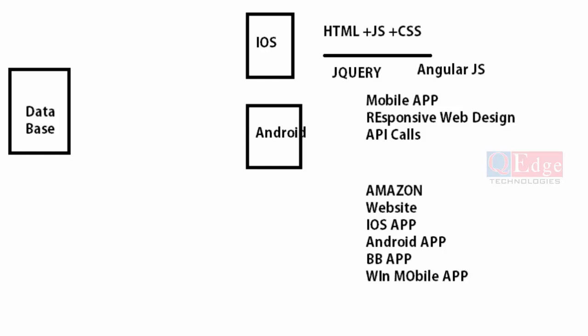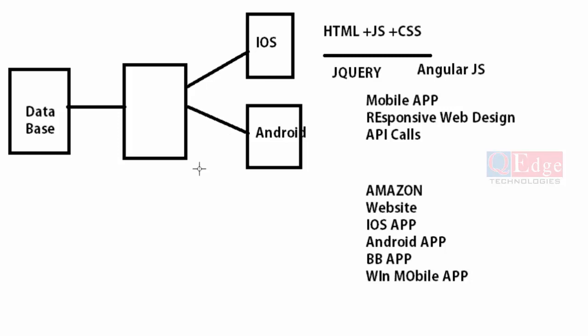So what Amazon or any real-time e-commerce website will do is create a common program which knows all these languages. Is it clear? Yeah. This is going to interact with the database and communicate with each and every platform, whatever language it knows, using a common language called XML or JSON.